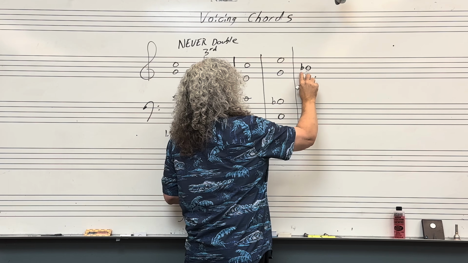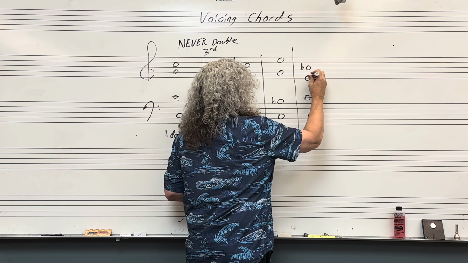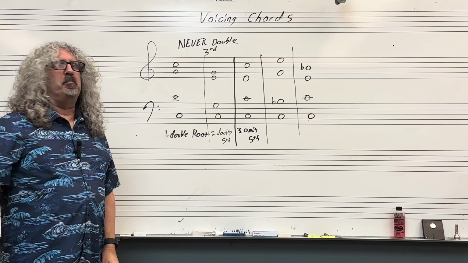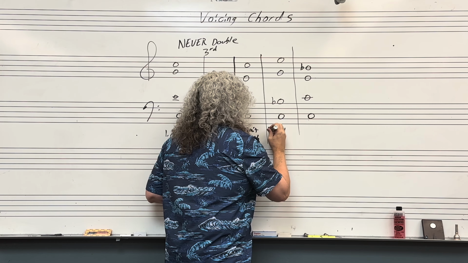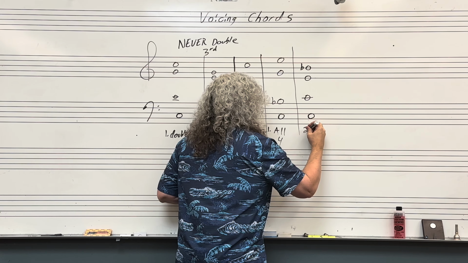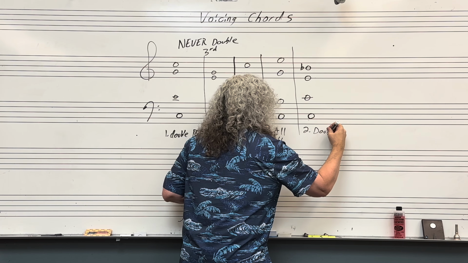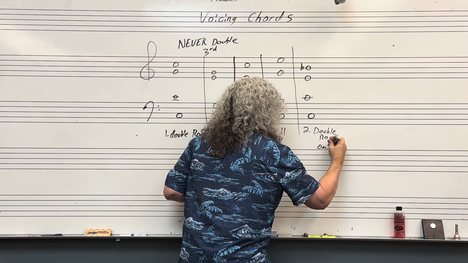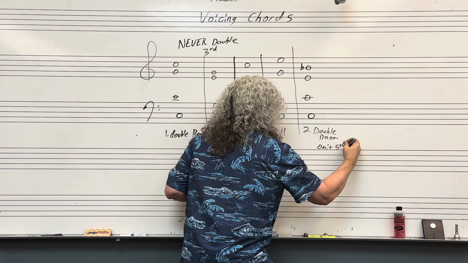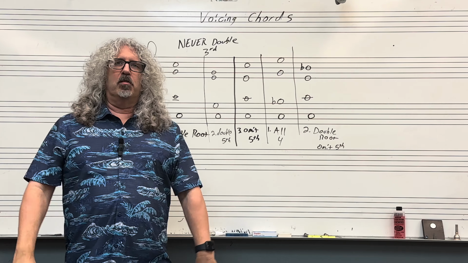C, C, E. Take out the G, and you have a B flat. So on this one, your number 1 choice is just use all 4. Your number 2 would be to double the root and omit the 5th. Okay? And again, never, never, never double the 3rd.